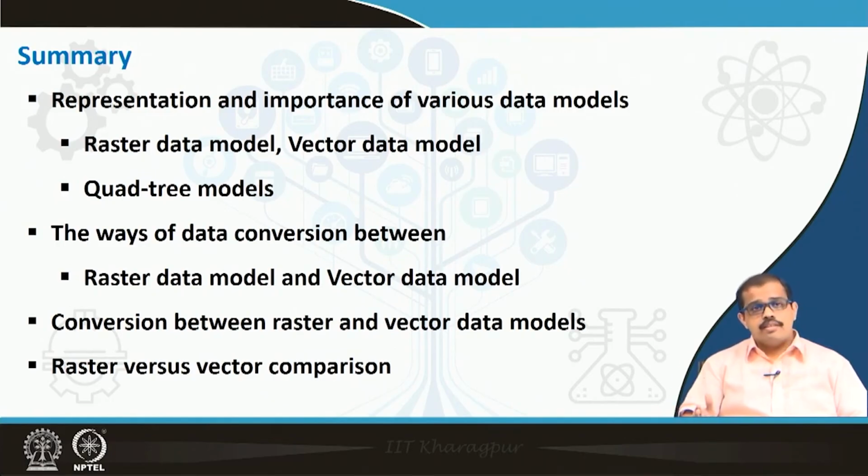So, how does a quad tree work? First it divides the entire raster into 4 quadrants, then gets into a quadrant and divides it again into 4 quadrants, then gets into that particular quadrant and digs deep until it reaches a single pixel. So, that is how a quad tree data model works.